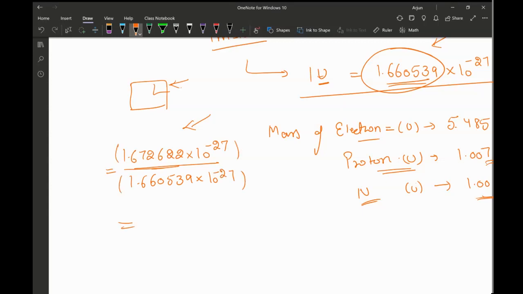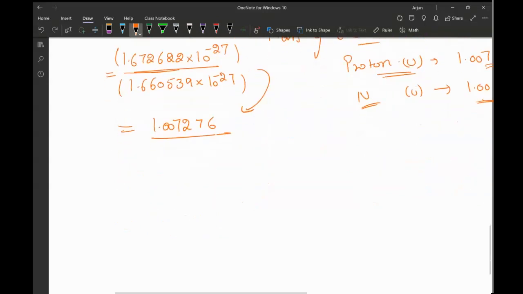Once you solve them, you're going to get the mass of the proton as 1.007276. And in the same way, the mass of the neutron is 1.674924 multiplied by 10 to the negative 27.